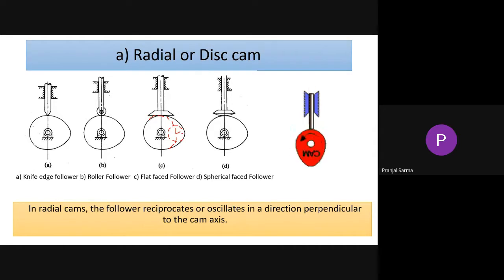During this portion, whatever the position of the follower, the follower will remain there. As is evident from this figure, whenever this bigger portion is in contact with the cam, even though the cam is rotating, the follower remains stationary for that time.